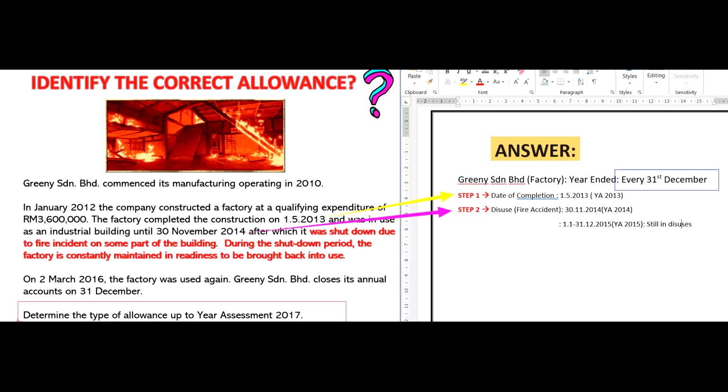Next, we are going to put out the information regarding when the factory can be brought back to business, on 2nd March 2016.